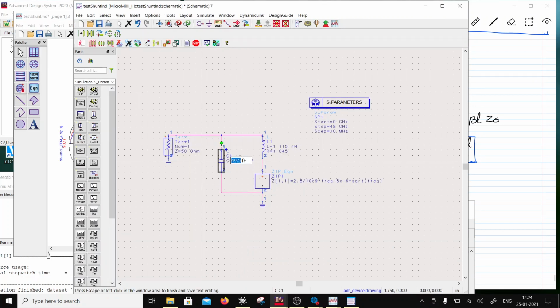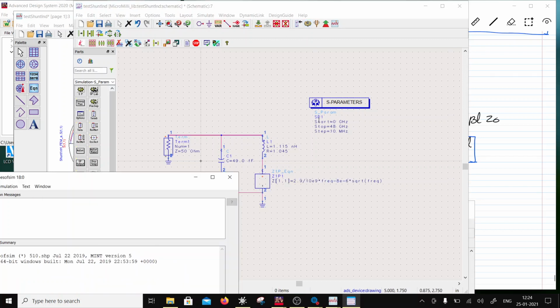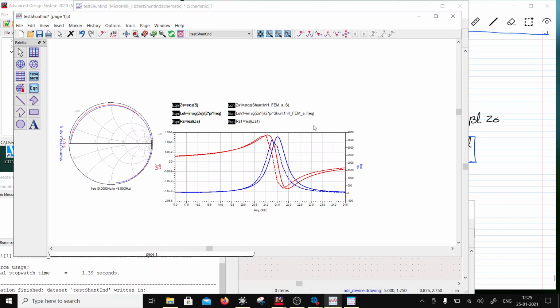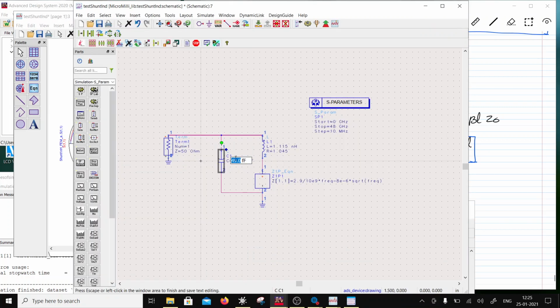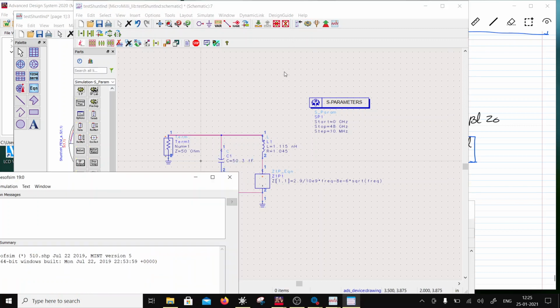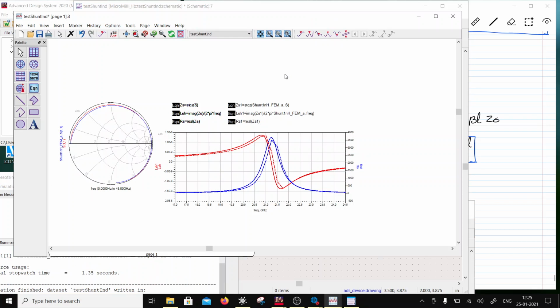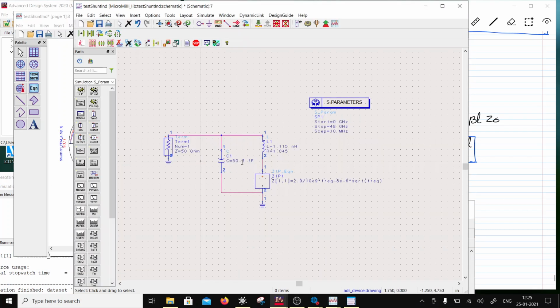Okay, and so 50 is anyways the right number, and this one has to go up. Okay, now it has come earlier. That is 50.3. Let's see what final values we come up with. 50.3. No, somewhere in between.